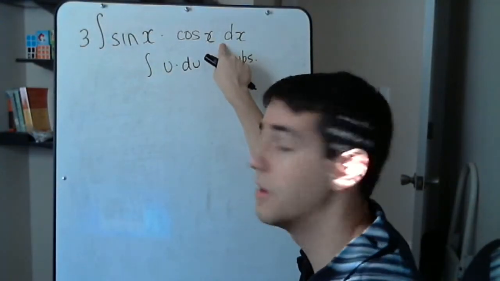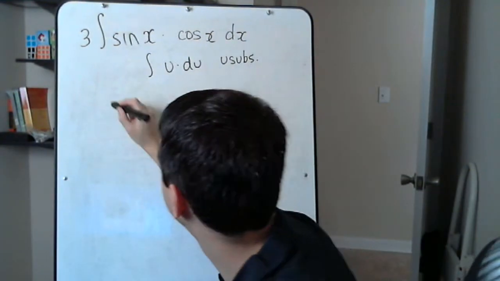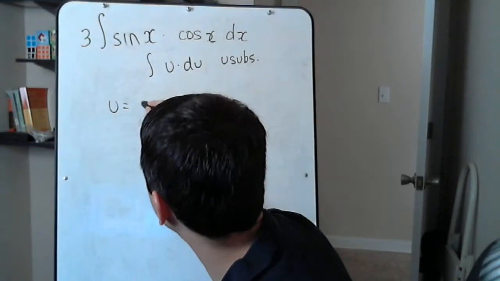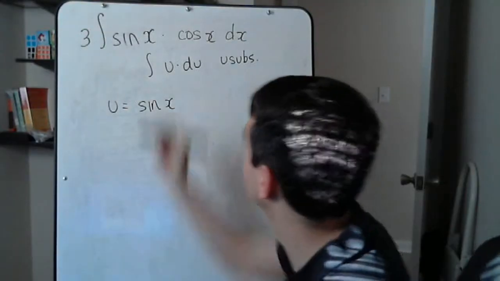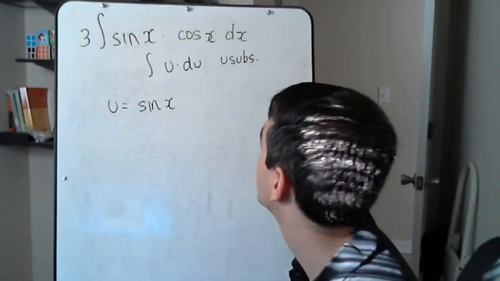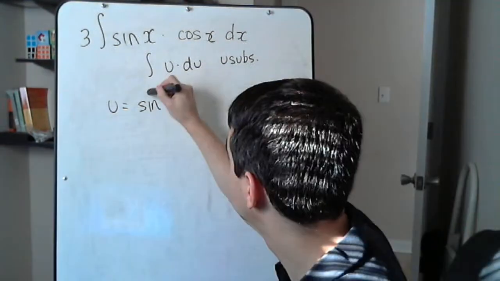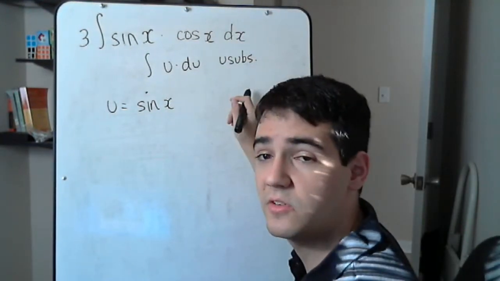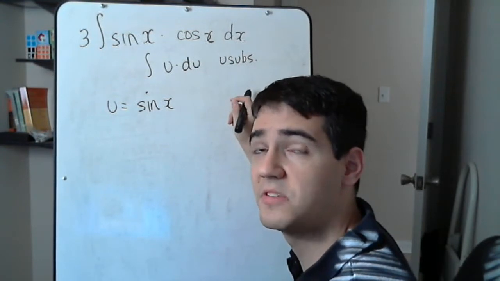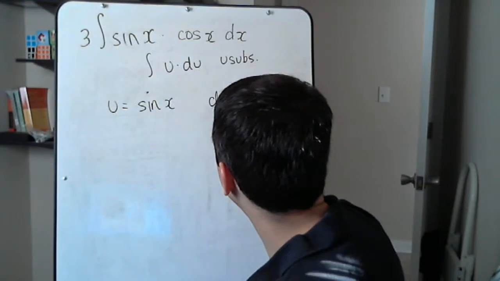Remember, you can't use any variables. So let's make u equal to sine x. Okay? Now we take the derivative with respect to implicit differentiation. So the derivative of u is du.